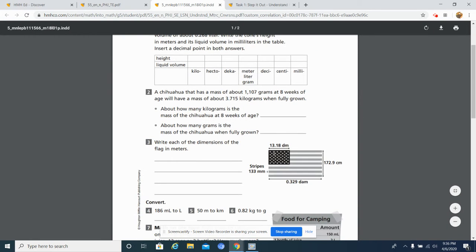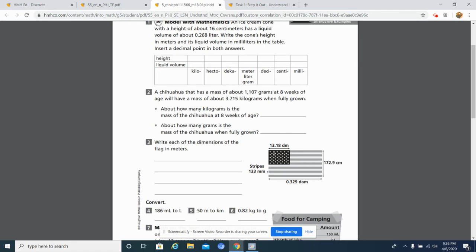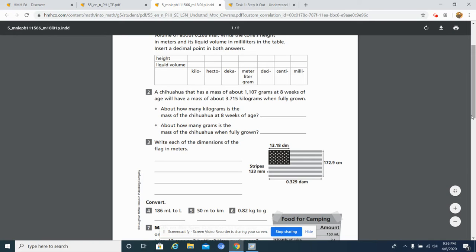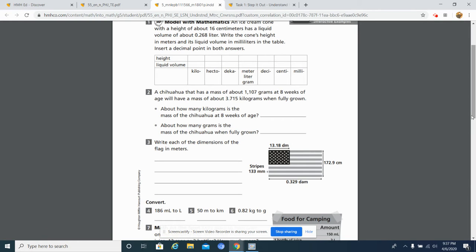Okay, a Chihuahua that has a mass of 1,107 grams at 8 weeks of age will have a mass of 3.715 kilograms when fully grown. About how many kilograms is the mass of the Chihuahua at 8 weeks of age? Well, right there at 8 weeks, I'm going to write it down. It is 1,107 grams.